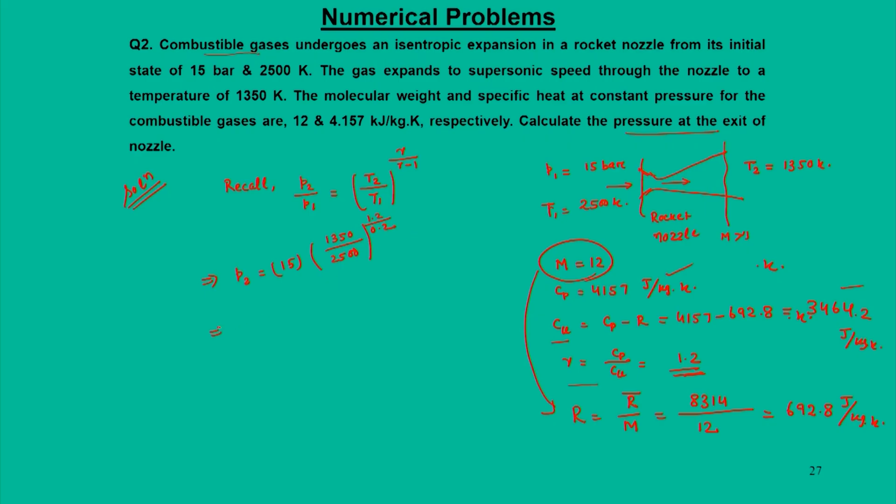So, this will give you P2 is equal to 0.372 bar. So, the answer is exit pressure at the exit of the nozzle is 0.372 bar. So, with this I conclude for this lecture. Thank you for your attention.